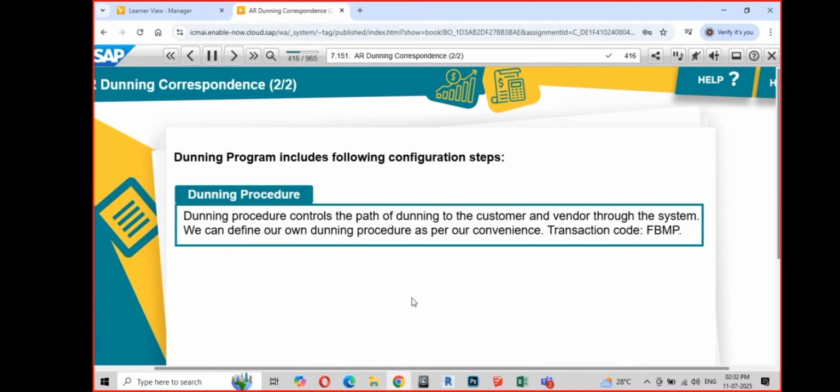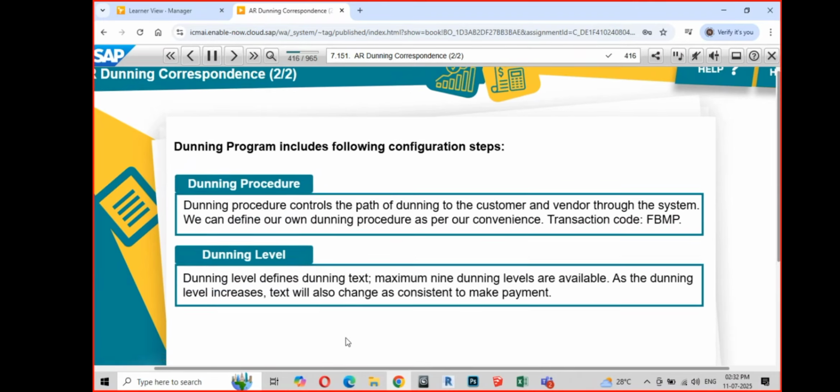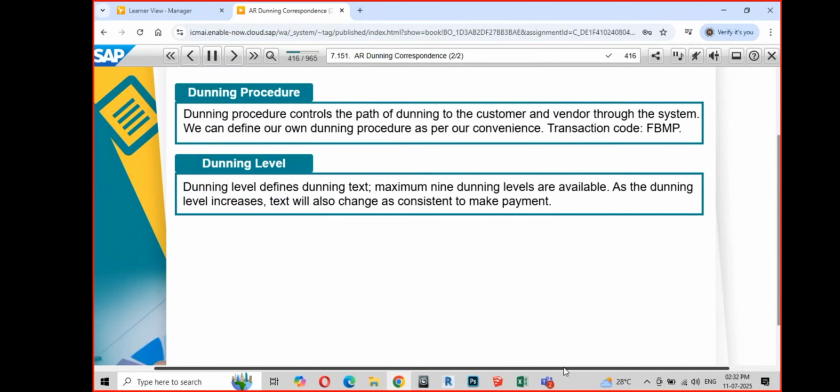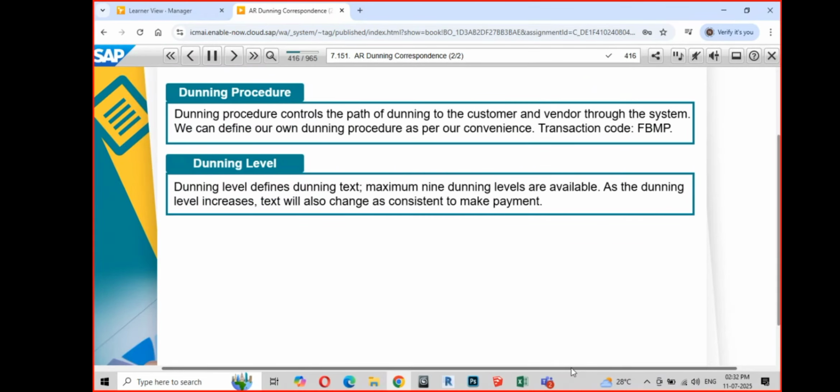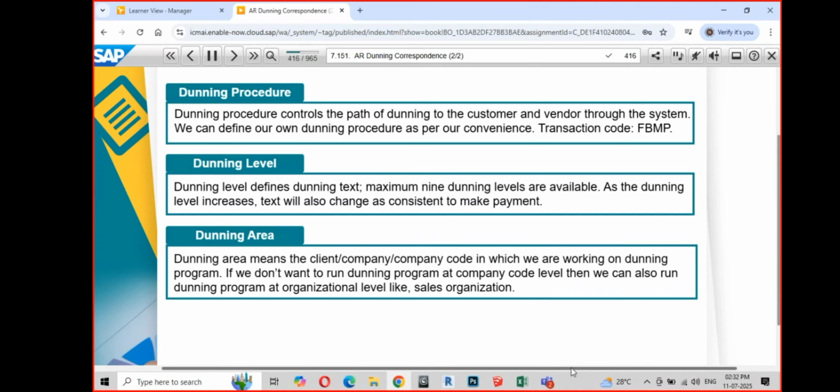Dunning level. Now, what is dunning level? Dunning level is how many times can I allow the system to remind the customer? Do I have a limit, or does SAP set up any limits as to how many times I can remind my customer?